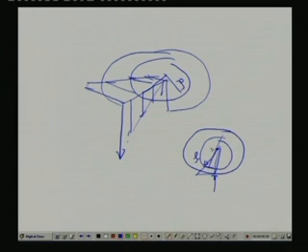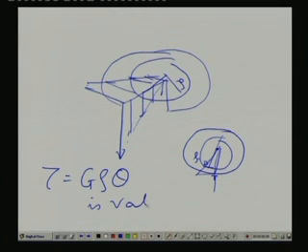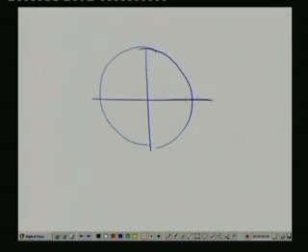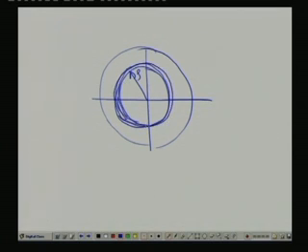Then also tau equals G rho theta is valid. This is a generalized way to write it down. Then if we see from the top view, this is your rho, and this area we are considering is dA.